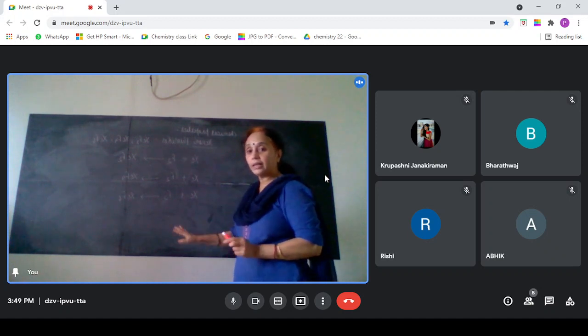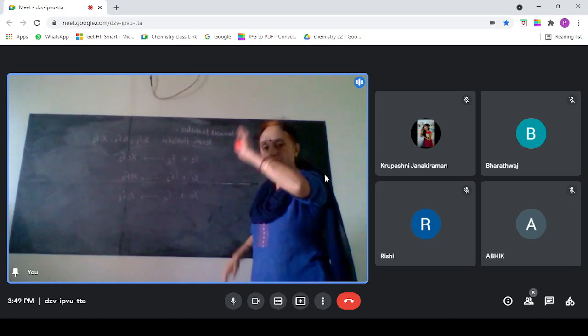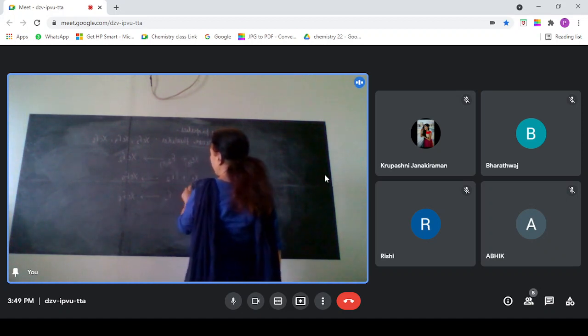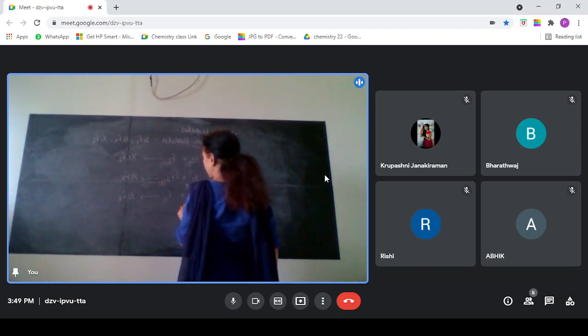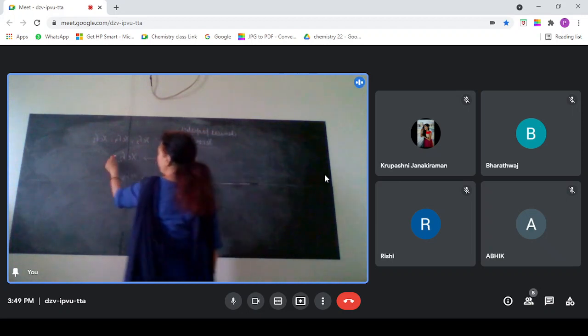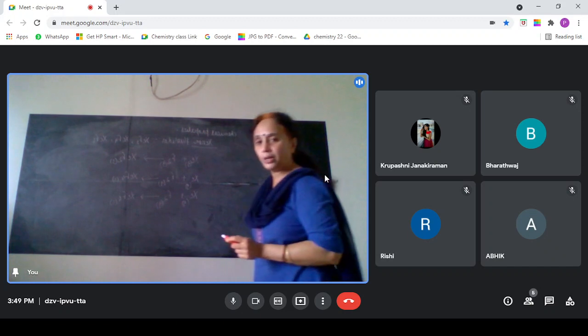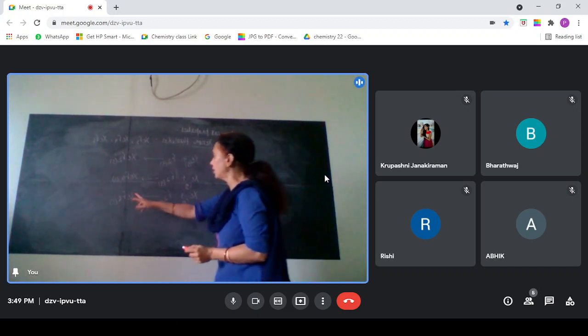First learn it, and then don't look at the board, write it. All the reactants xenon and fluorine are gases, and the compound formed is a solid in all three cases. They are volatile solids, but they are solids.